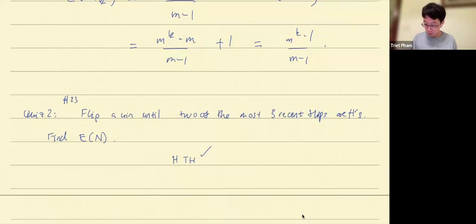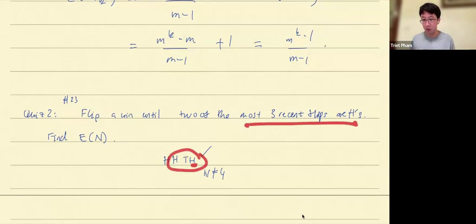But if you're not careful, for example, suppose that the previous one's like this, then notice that here n is not 4, because two of the most three recent heads is already here. You don't have to wait until this one to get two of the most three recent flips heads.